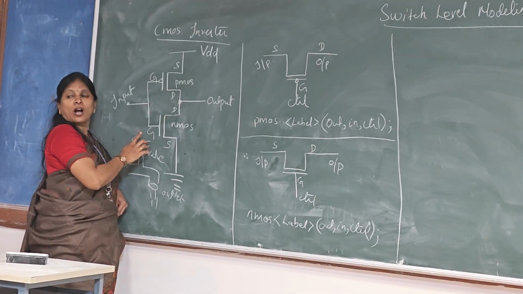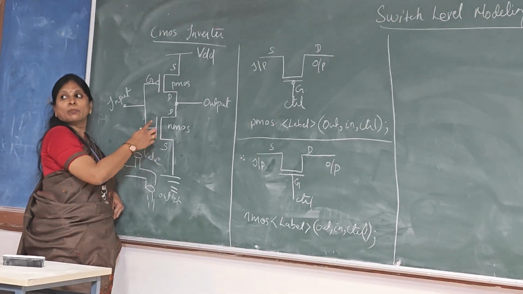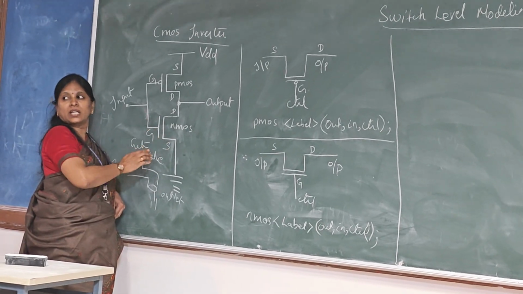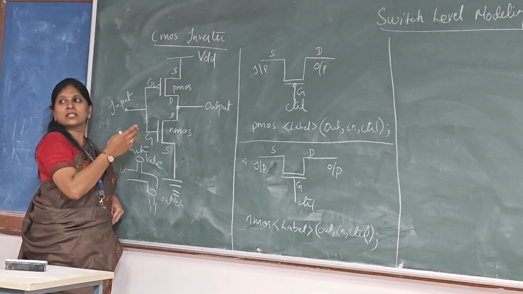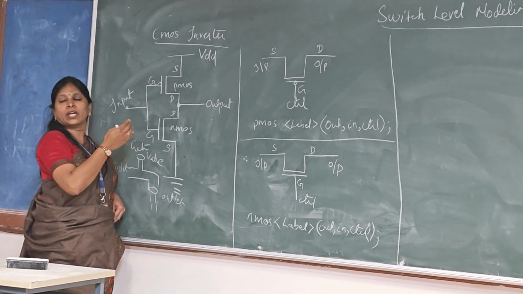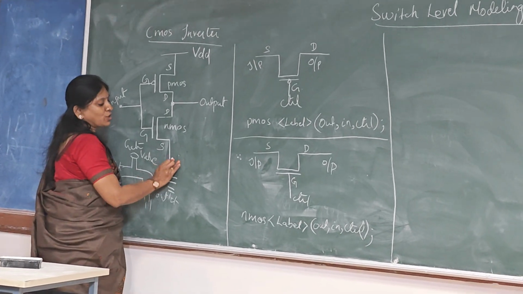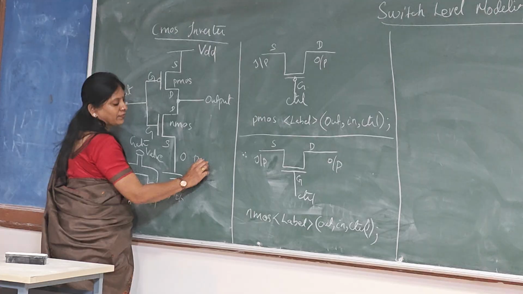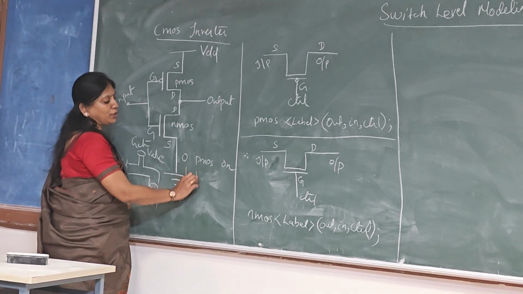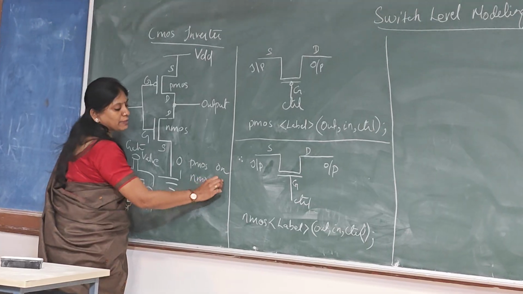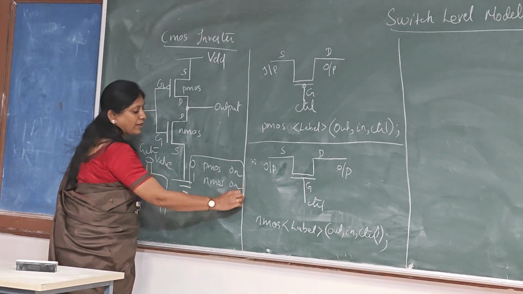If you apply 1 to the NMOS, then it will be turned on. Generally in digital we say logic zeros and logic ones. 0 means low voltage or ground value, and 1 means, say, plus 5 volts. So this is the working.